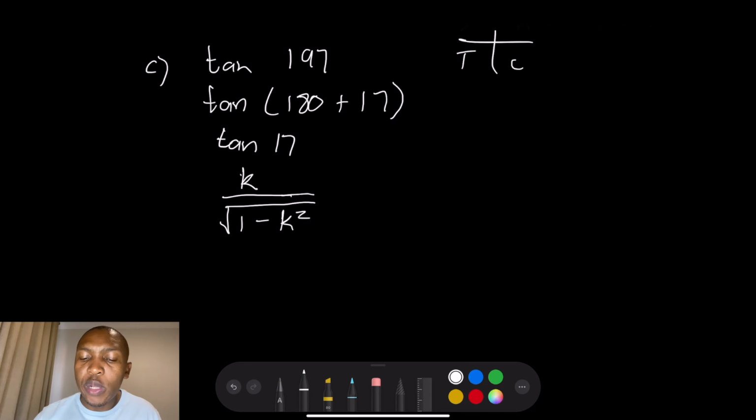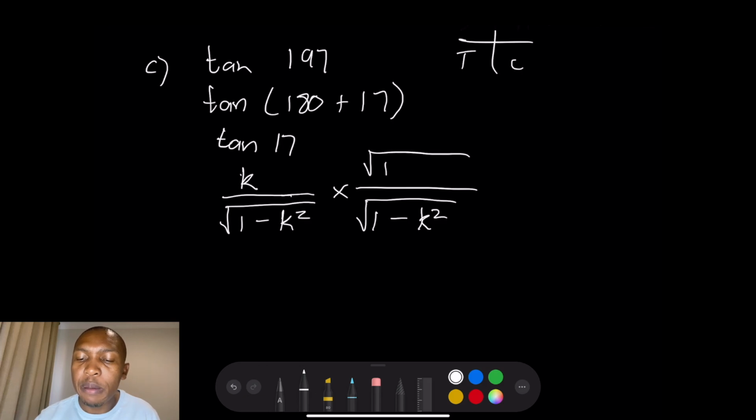For those of you who want to know what rationalizing is, you try to remove the surd at the bottom, and how you do that is you multiply by, in this case, the same surd. But remember, for you to make sure that it is the same thing, that's the square root of 1 minus k squared. So what do you end up with?